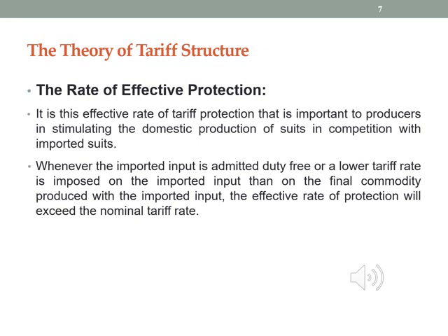Accordingly, one fact that could be realized is that whenever the imported inputs are admitted duty-free to the country or at a lower tariff rate than the one imposed on the final commodity imports, then we will find that the effective rate of protection will be higher than the nominal tariff rate on the final product, and hence this means that we are implicitly providing a higher protection to the domestic producer of this good compared to the explicit nominal tariff rate.